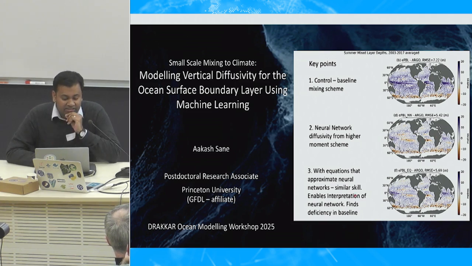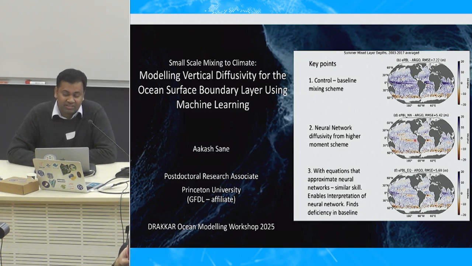This showed us that improving the boundary layer physics through neural networks did end up reducing some biases. And in my recent work, I've been attempting to replace the networks with equations, because there are two problems with neural networks. One is that it's a black box, so we cannot interpret what is exactly happening. And plus, I found out that there is also an increase in the cost when you use a neural network inside a GCM. The cost is not very high, about roughly 5 to 10%.